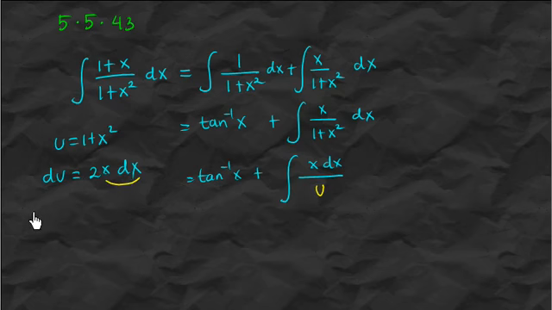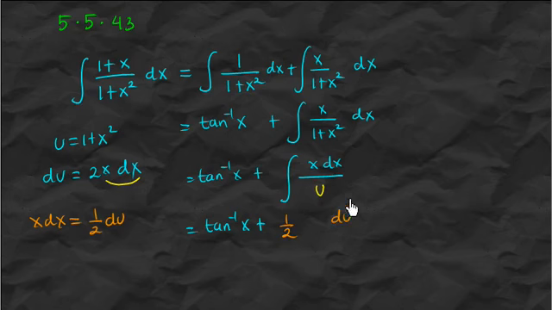If we solve for x dx, we have x dx equals half du. So again, keep the tangent inverse and replace x dx by half du. We can put the 1/2 in front of the integral, and du over u.